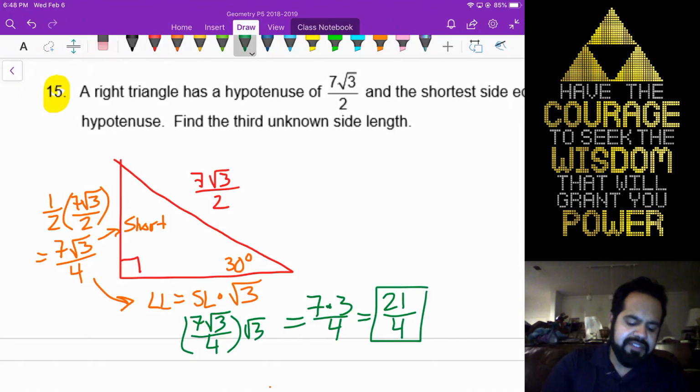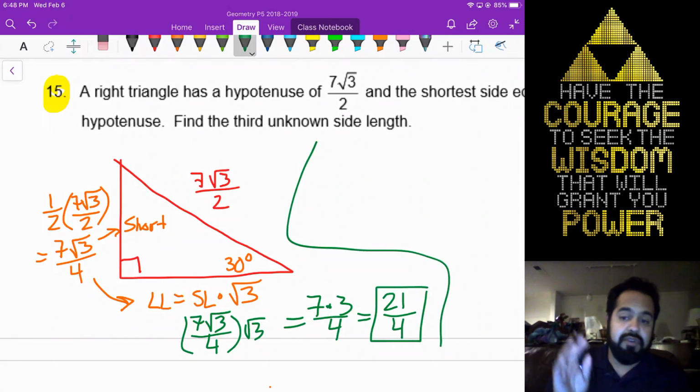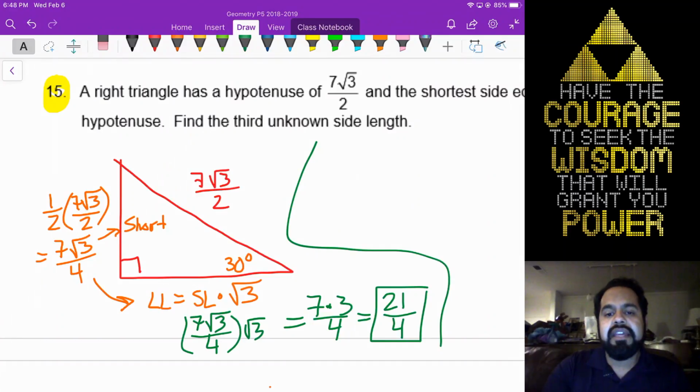Now, let's pretend you're like, oh my god, Mr. T, I have no idea what you just said. Which I'm willing to bet you, like most of you, had no idea what I was saying. If you can get as far as figuring out the lengths of 2 of the sides, then what you could do is you could just say, hey, it's a right triangle. What can I use on any right triangle?